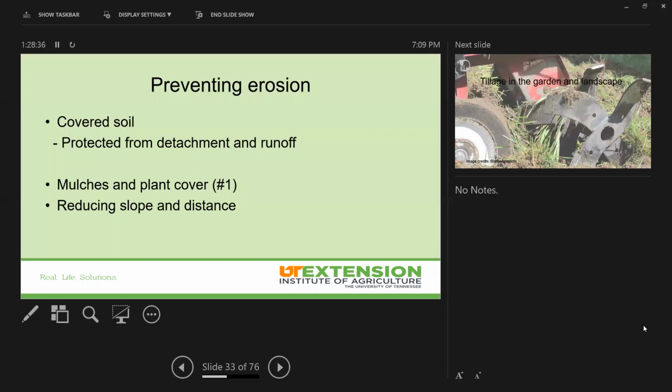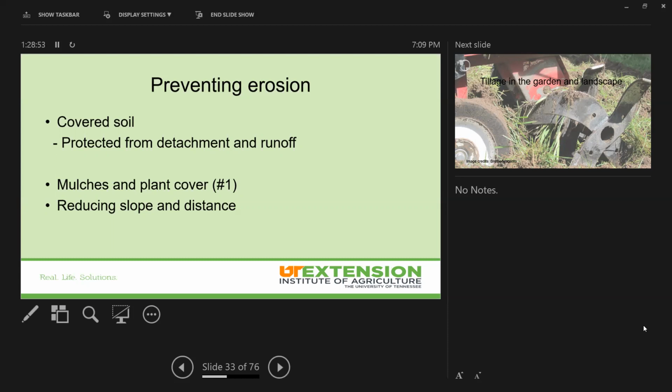So preventing erosion, cover your soil. And that's what we were talking about with the cover crops, or your desired crop. Close spacing, just using mulch, using plants.